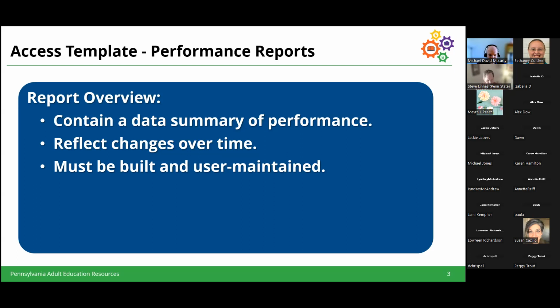So the performance reports give you an opportunity to see change over time. When you're trying to make programmatic decisions, it can be very helpful to see even the rate of change. I will note there's no endorsement implied here, but the division also has access to the same template.